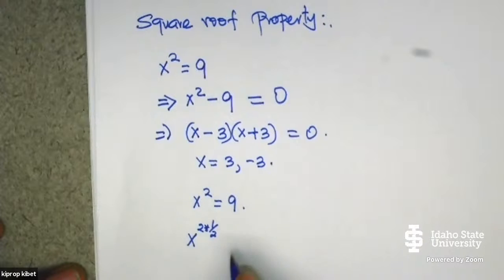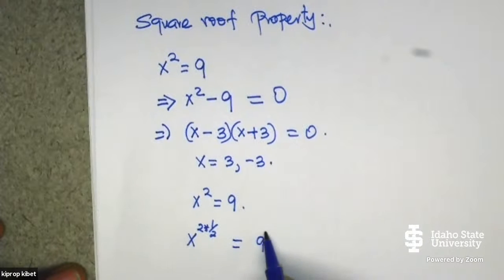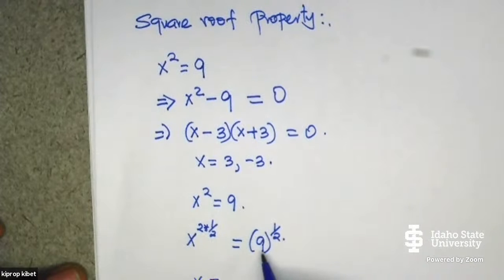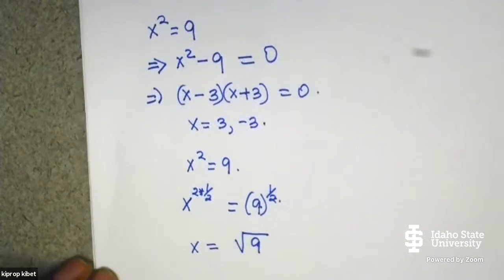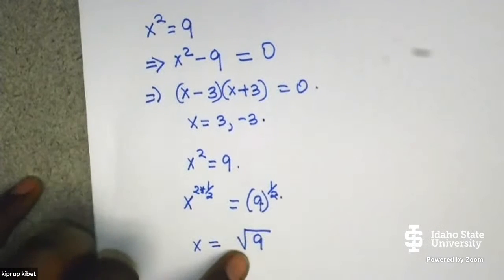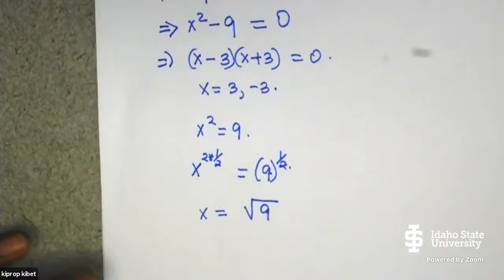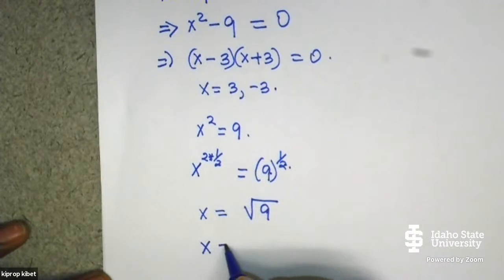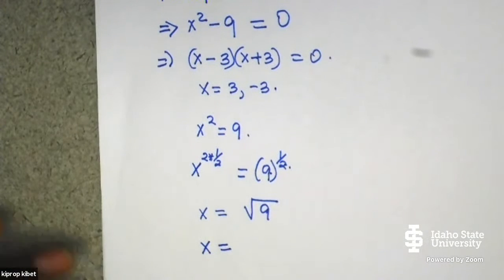What we do on this side, we do on the other side: x raised to 1/2. Then x will be equal to 9 raised to 1/2, which is similar to the square root of 9.